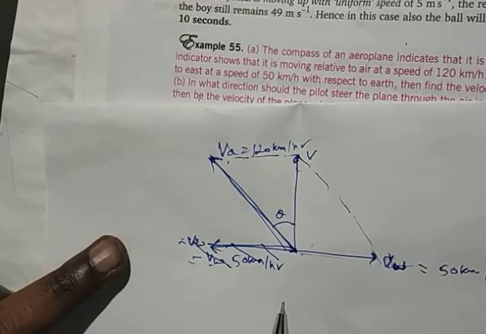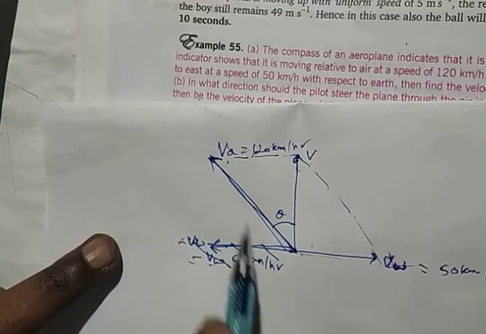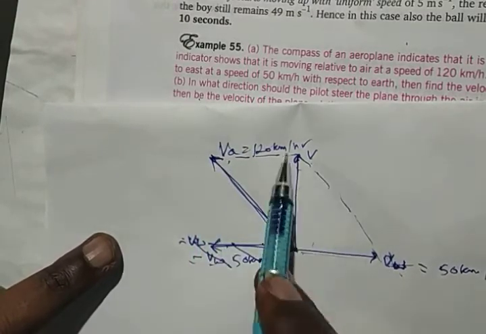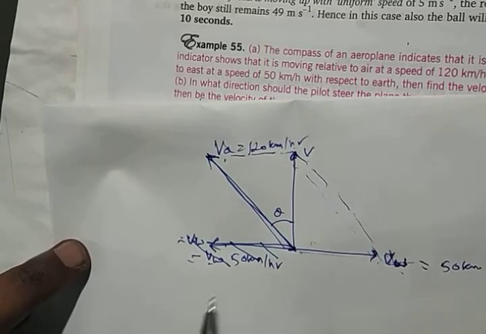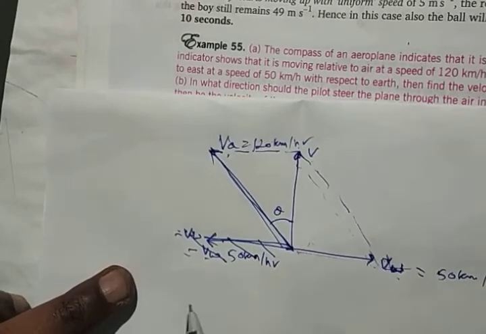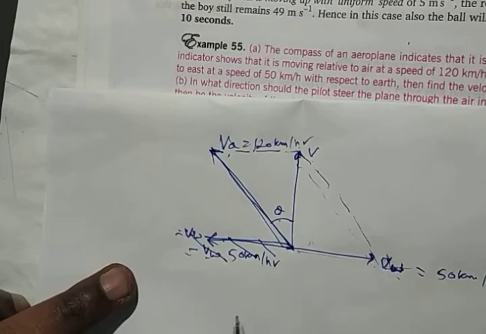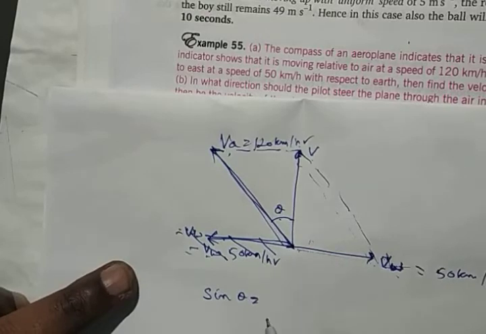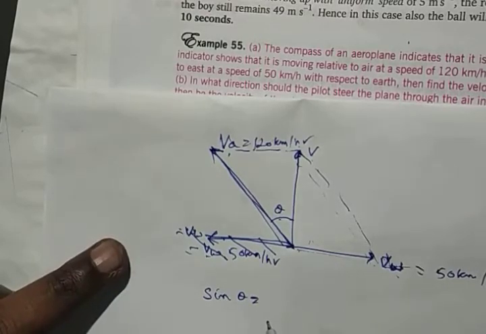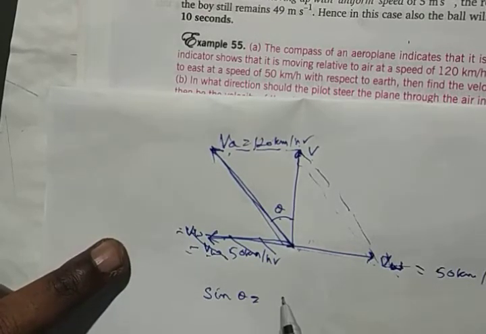So V we can calculate here. So VA and VW, and you get a parallelogram law of vectors. This is going to be the resultant here. Now we need to find out the value of theta here. So sine theta is going to be equal to opposite upon hypotenuse.